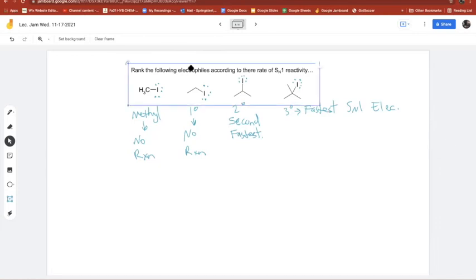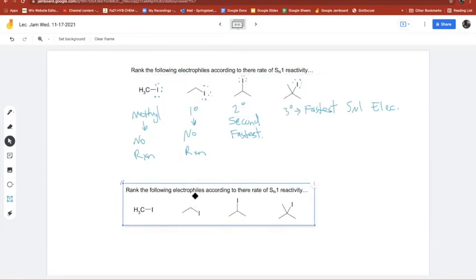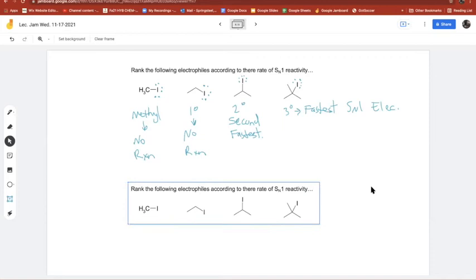What about, I'm sorry, that was SN1. What about for SN2? Let's switch this up. So let's rank these not according to SN1, but now according to SN2. Which one reacts fastest in an SN2 reaction? So methyl will be fastest.